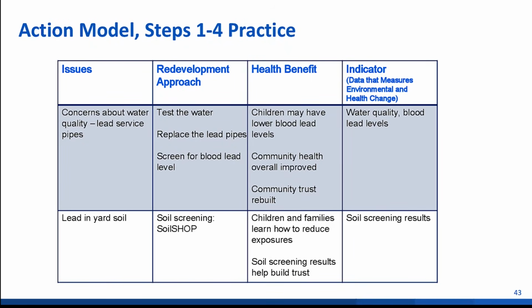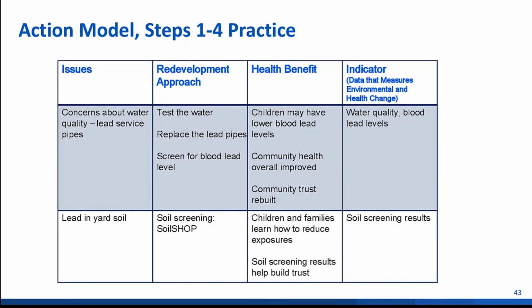Step 2 is the redevelopment approaches for concerns about water quality, specifically from lead pipes. These include water testing, pipe replacement, and blood lead screening. In Step 3, the health benefits include lower blood lead levels in children, improved community health overall, and rebuilt community trust. In Step 4, the data we need to measure change include water quality and blood lead levels.